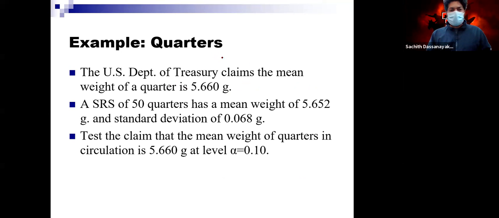Here is the example. These are just hypotheses, right? They claim the mean weight is this much. So H naught and H A, with mu here.